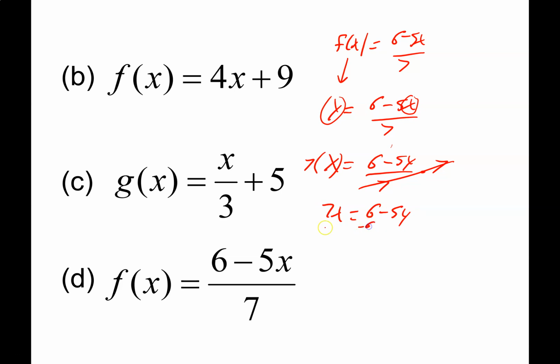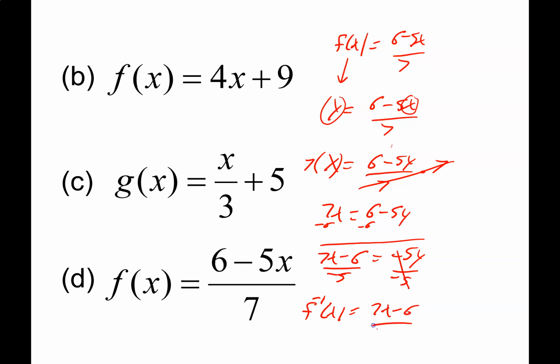Then I'm going to subtract 6. So I get 7x minus 6 is negative 5y. I divide by negative 5, and I get f inverse of x is (7x minus 6) over negative 5.